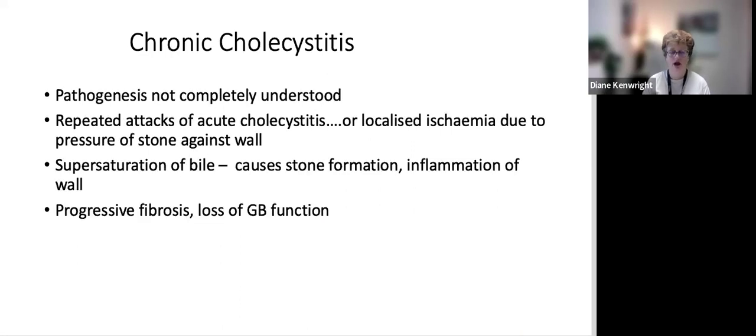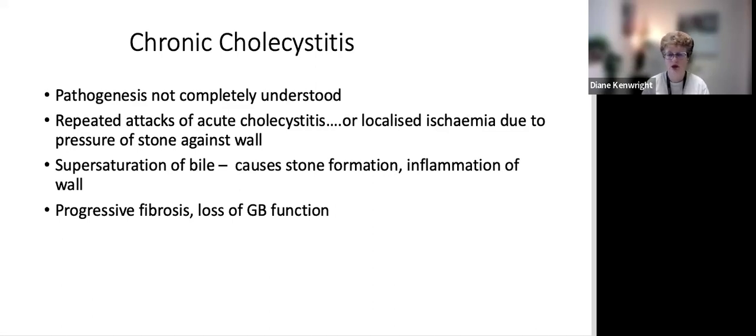All right, chronic cholecystitis. So chronic cholecystitis is a condition where people have gallbladder problems for many years. We know that it is associated with stones, but we don't completely know the pathogenesis. We know cases of chronic cholecystitis can have intermittent attacks of acute cholecystitis.